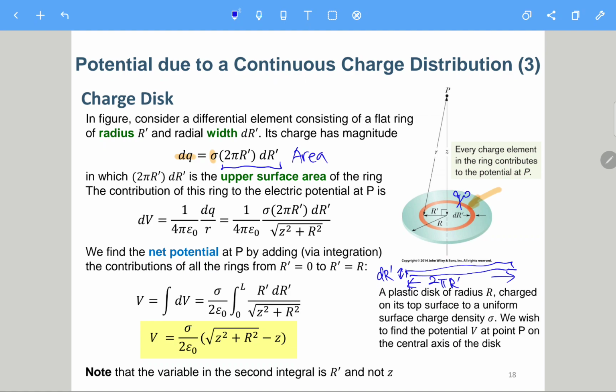So similarly, we have dV equals k times dq over R, and then we substitute dq with this expression. R is the distance from this ring to point P, which is actually on the z-axis. So R should be the square root of z squared plus R prime squared, due to the Pythagorean theorem.